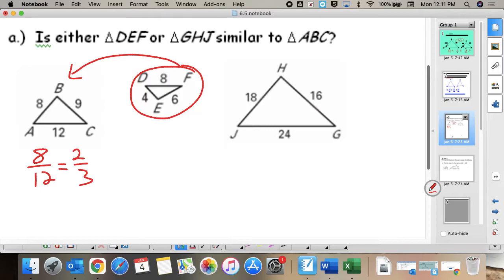Medium over medium, that would be 6 over 9. 6 over 9 reduces to 2/3 again. So far, so good. Small over small would be 4 over 8. 4 over 8 reduces to 1/2. Since all three did not reduce to the same thing, my answer is no.